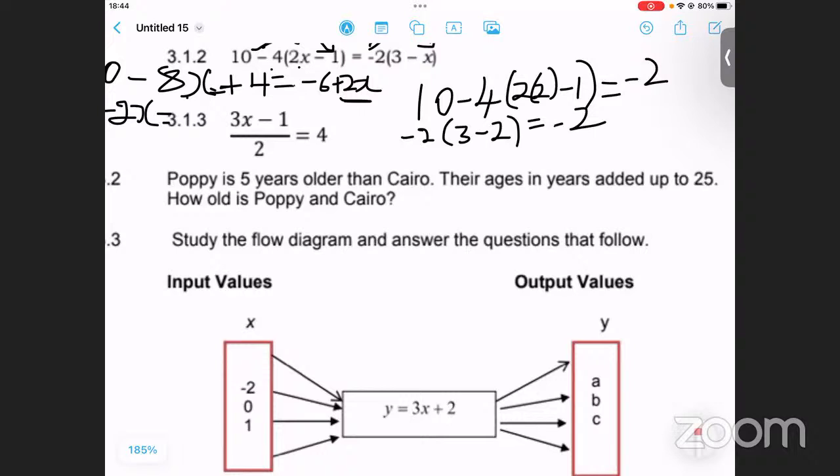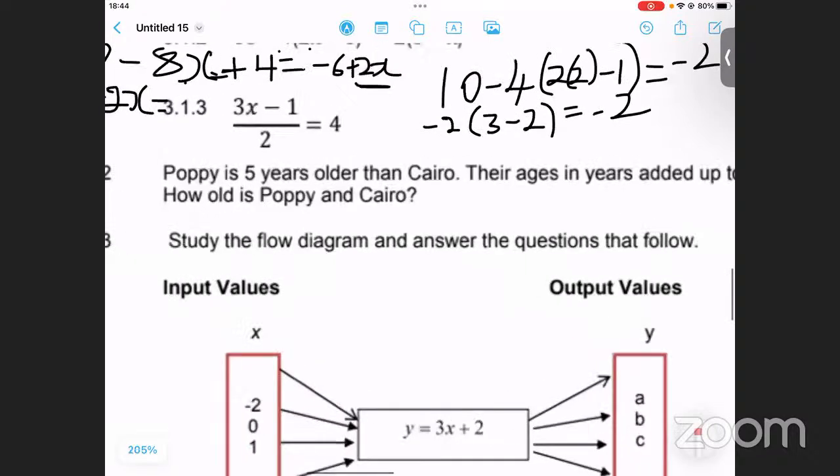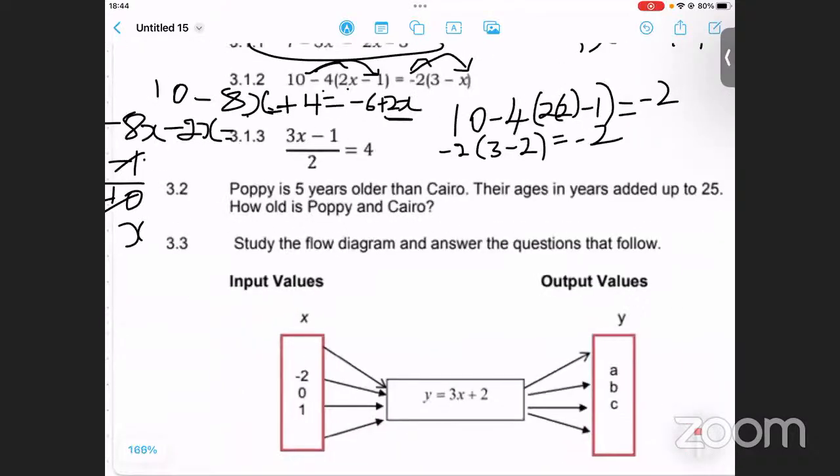So they're saying Bobby is 5 years older than Cairo, and then their ages added up to 25. So what you're going to do is choose one of the two to be the value of x, because at the end of the exam, you have to tell how old is Bobby or Cairo.